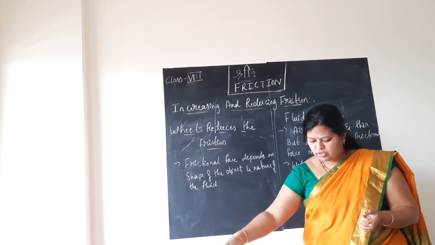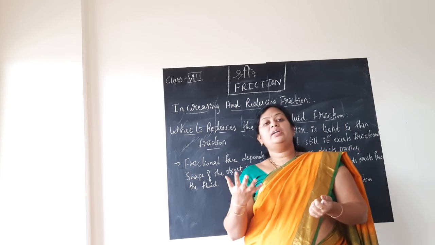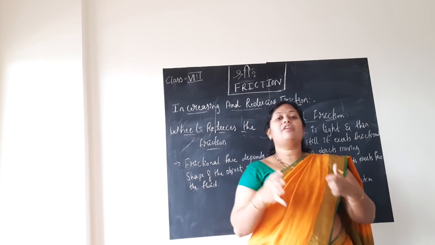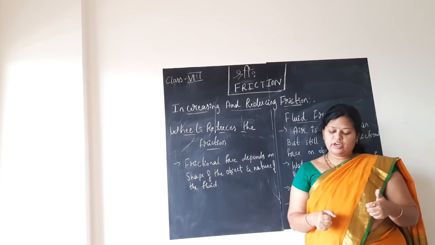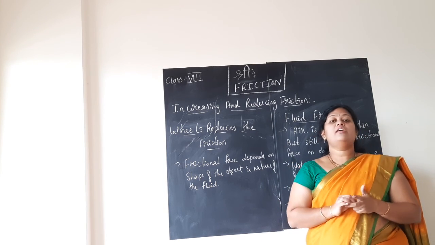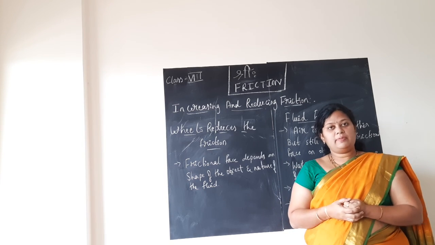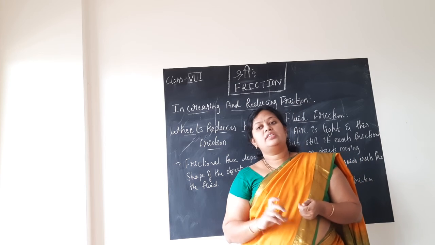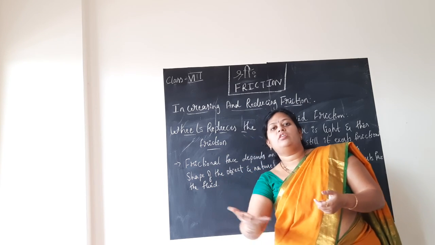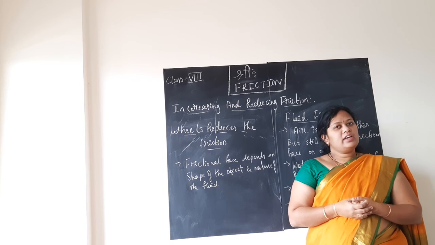If you just keep the suitcase and push, it is difficult for you. Why? Because the friction between the floor and the suitcase is more, and the luggage is very heavy. But now just attach wheels to the bottom of the suitcase or the kit bags. What you get now are trolleys.